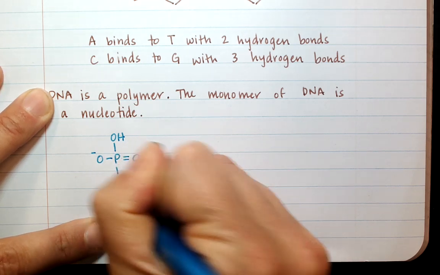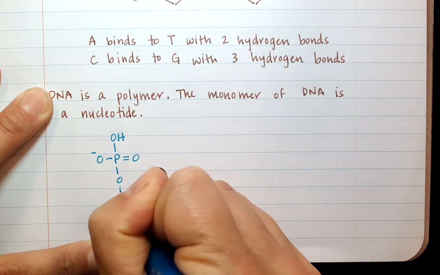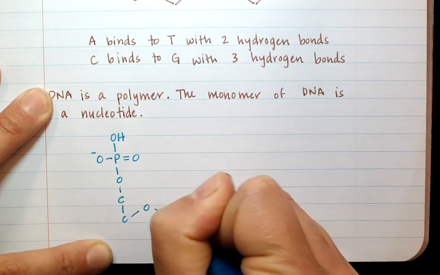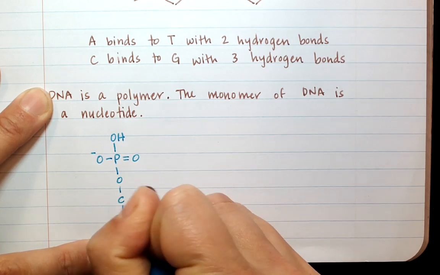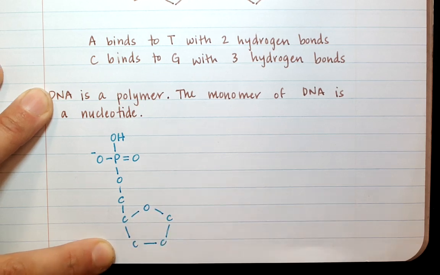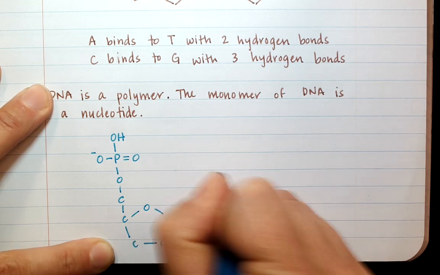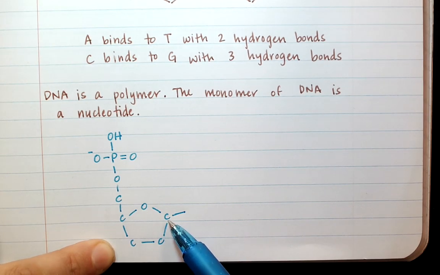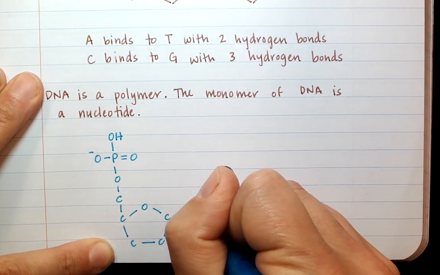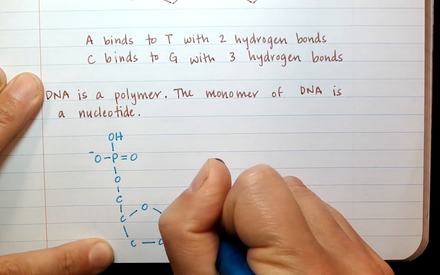Now my phosphate is bonded to my sugar. And you're going to be so good at drawing these by the end of this class. So there's my sugar. And then my sugar is connected off of the first carbon to that nitrogenous base.